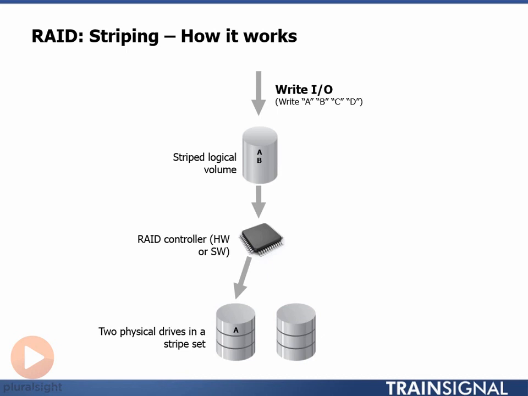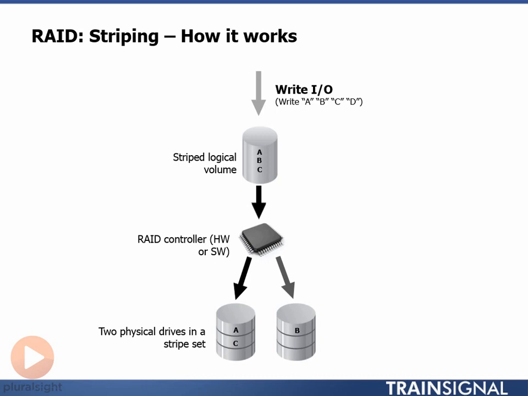Next up, our B write comes in, hits our striped logical volume, hits the RAID controller and is passed to drive 2 on the back end. So far we've had 2 small writes. One has gone to drive 1 on the back end and the other has gone to drive 2. Now comes our C write. This again hits the logical volume onto the RAID controller and is passed to drive 1 on the back end. Finally, our D write comes in.